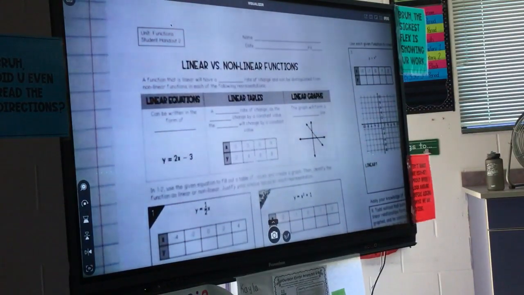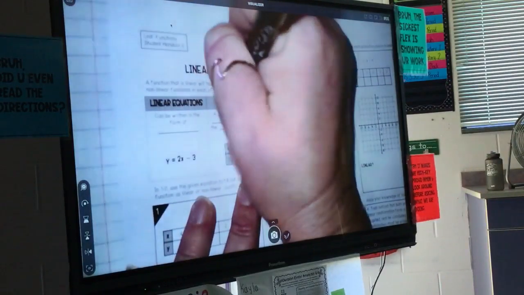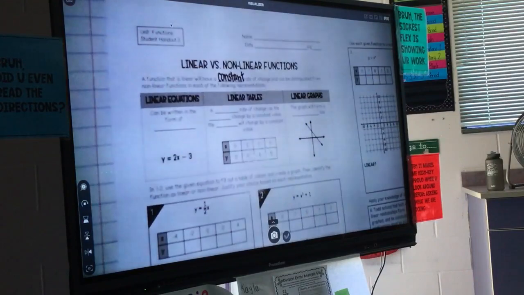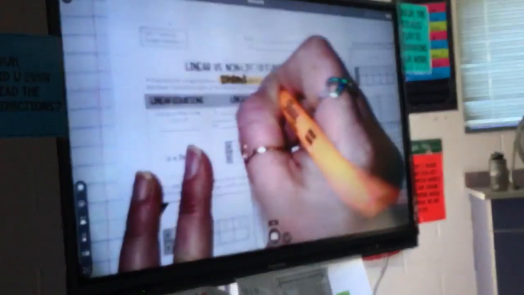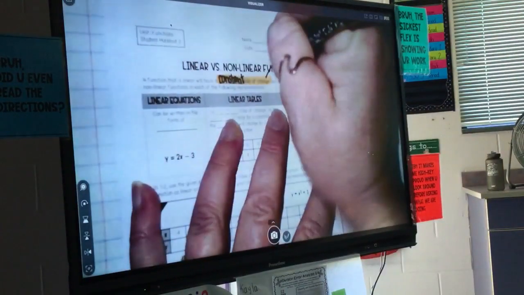Alright, so a function that is linear will have a constant rate of change and can be distinguished from non-linear functions in each of the following representations. The biggest thing is the constant rate of change. That has to do with your table.